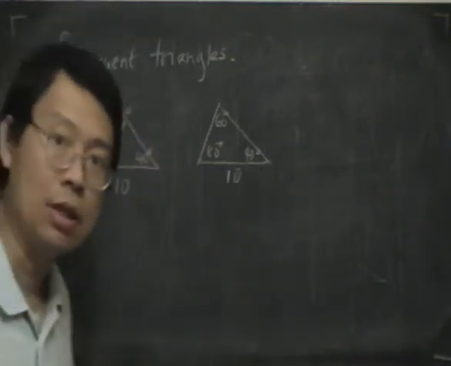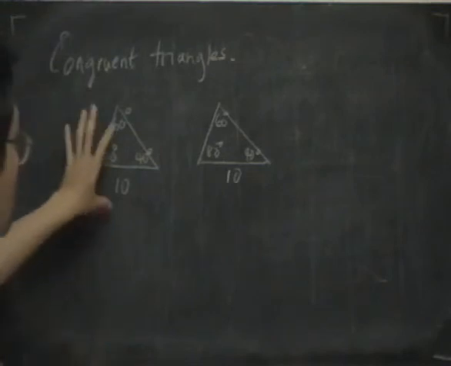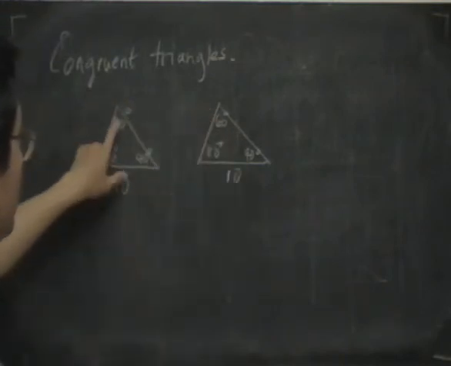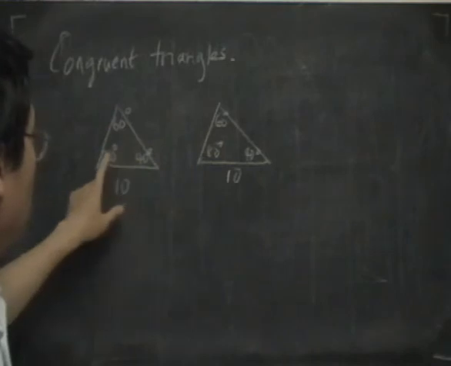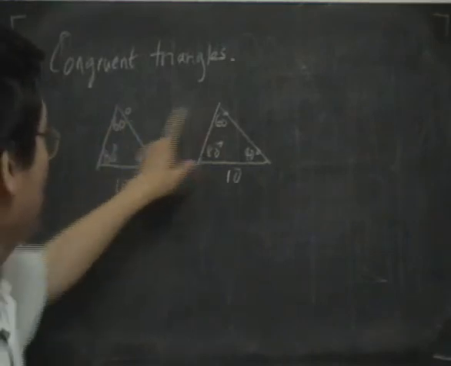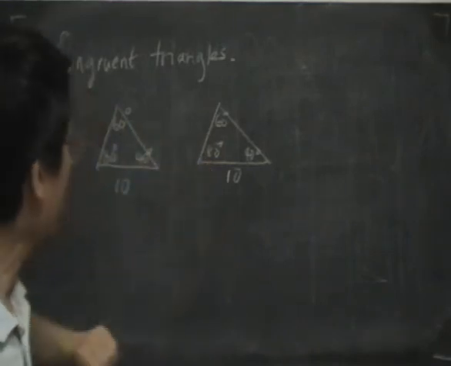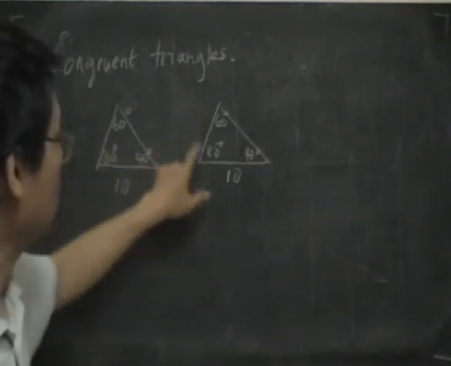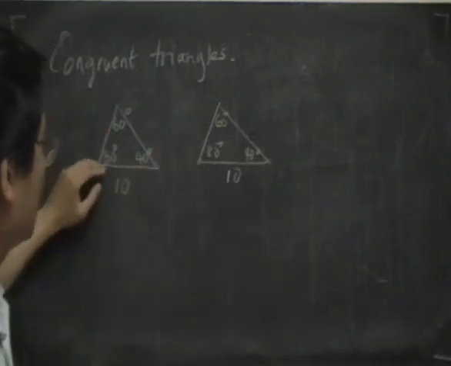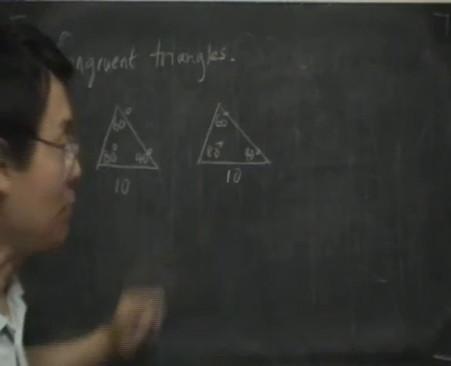Now, if you look at these triangles, you find that they have angles which are exactly the same, right? 60, 80, 40, 60, 80, 40, and they have this side which is the same.